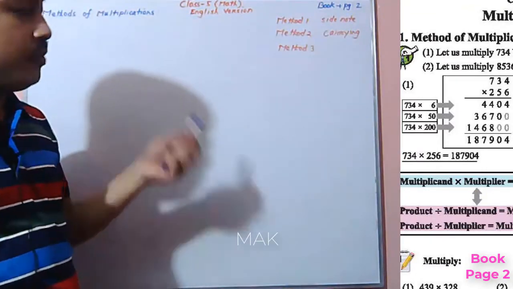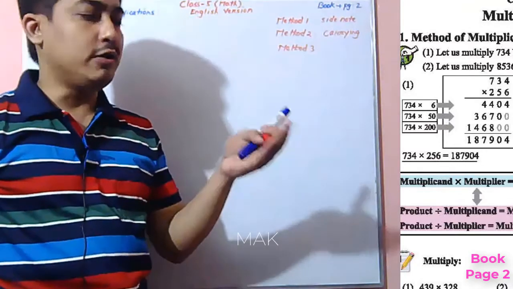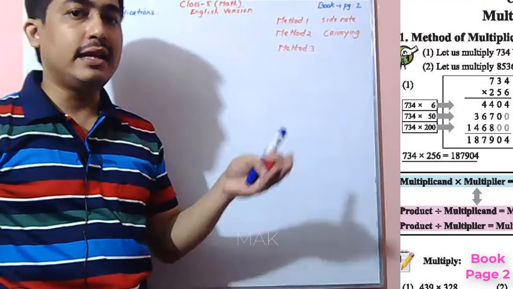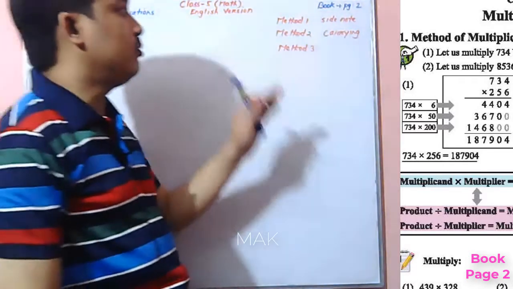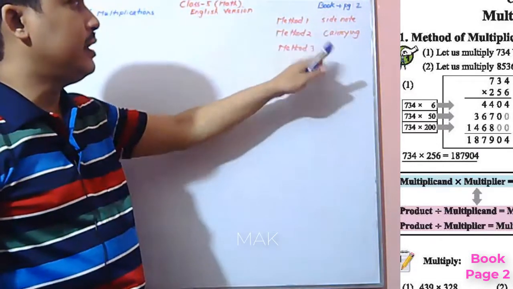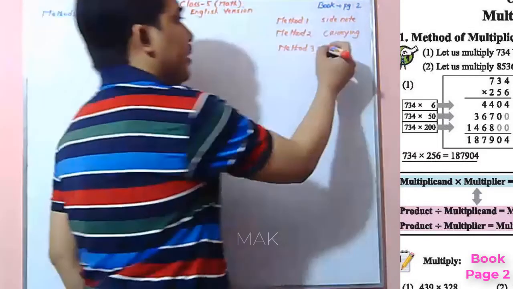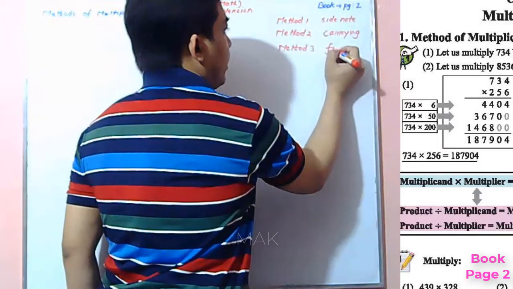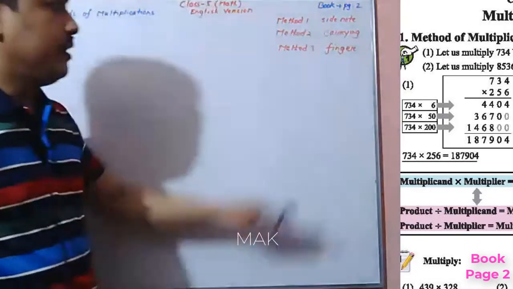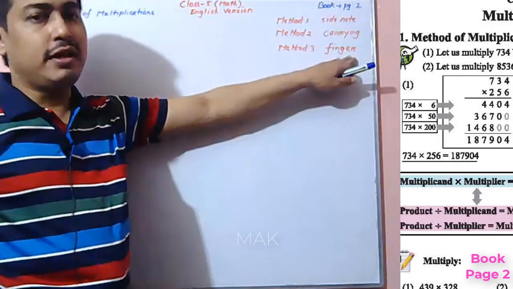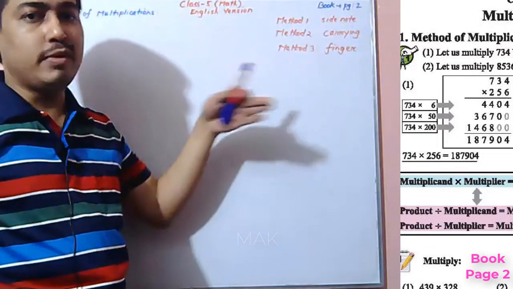To remember numbers you can use your fingers, you can count and then do your multiplication. You can think of it as the finger method. So I'm writing finger right now. In brief it would be finger, so it will be easy for you to remember.